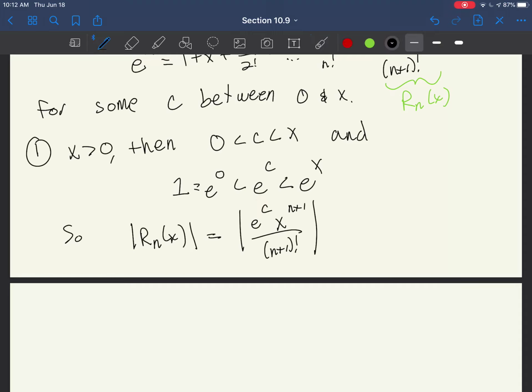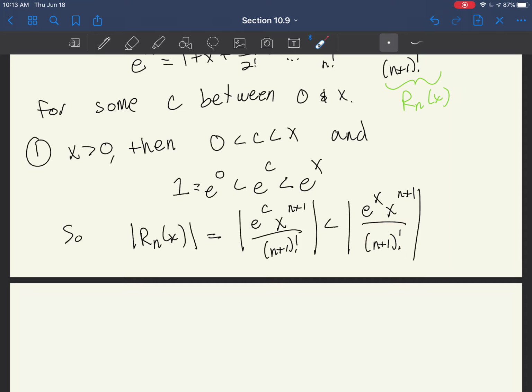We have too many variables here to be taking a limit as n goes to infinity because we have this c. But we can say that e to the c is less than e to the x. And now we know that x is some fixed value. We will fix x.